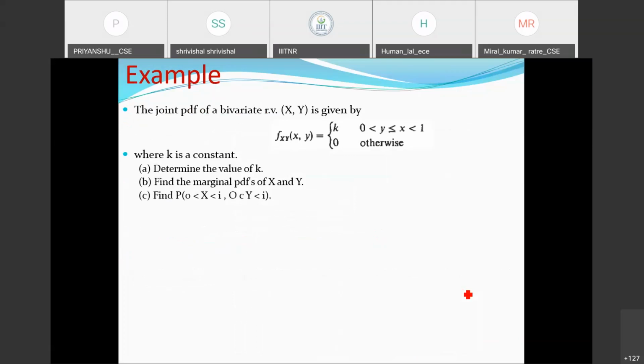What will be the value of k? What is the value of k?